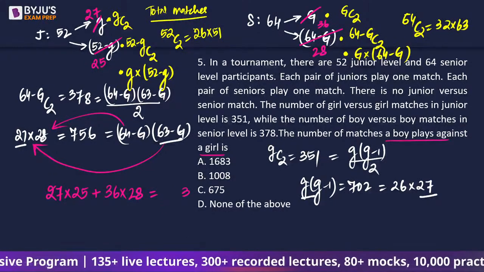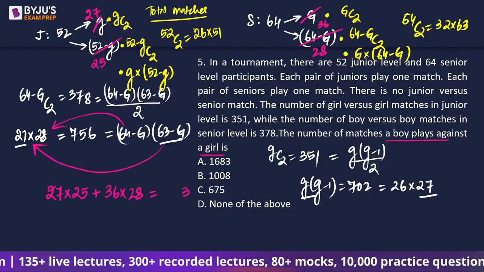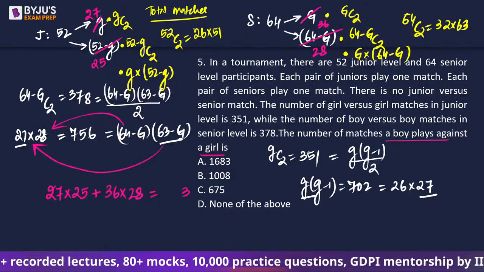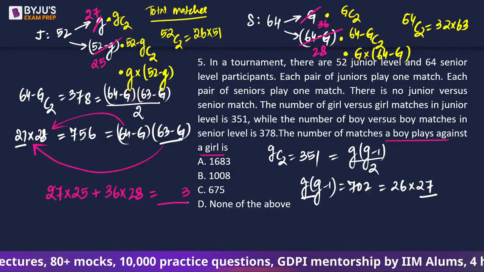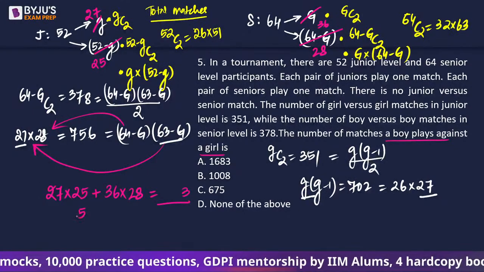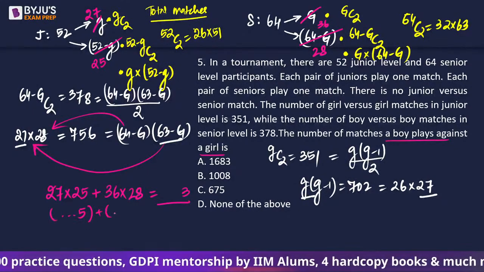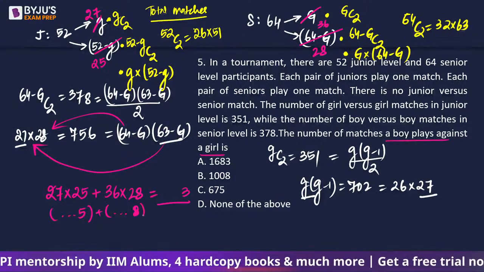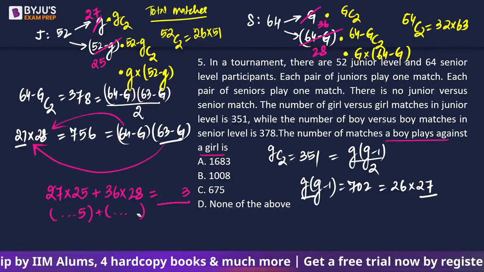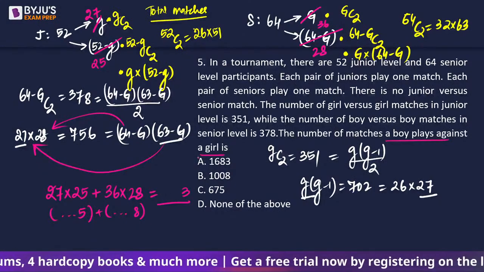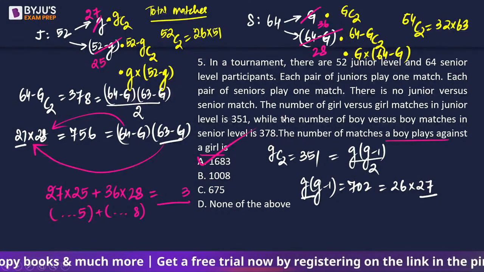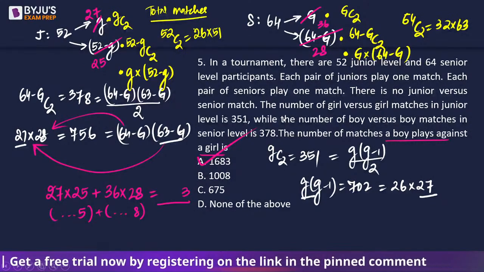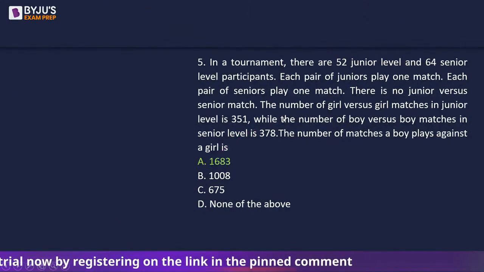And none of the above option has been made lengthy on purpose so that the student does the complete calculation. But I'm pretty sure it will end in 3, because this ends in 5 and this one ends in 8 into 6, 48. So 5 plus 8 will end in 3. So option A. Lengthy, right? Fine. Option A.